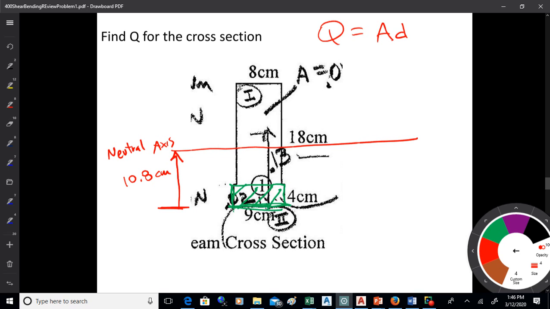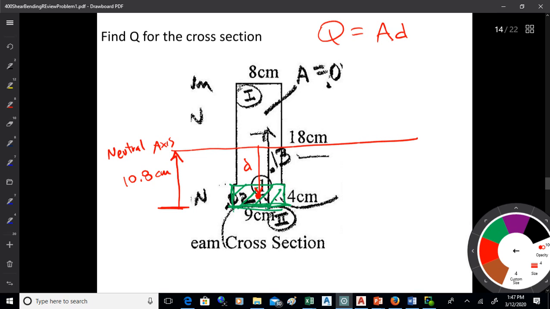Okay. That's the area that would shear off times the distance from the centroid, or excuse me, from the neutral axis to the centroid of the area. So what you want to get is this distance right there to that point. And that's our difference. Yes. A is the area that would shear off.